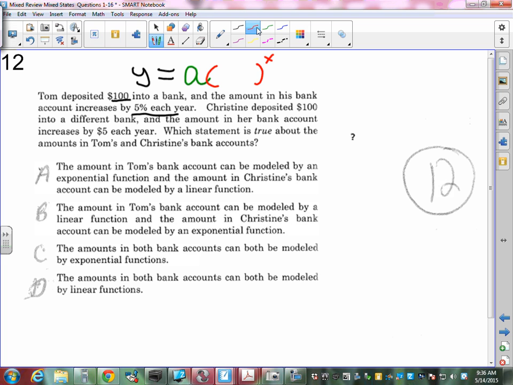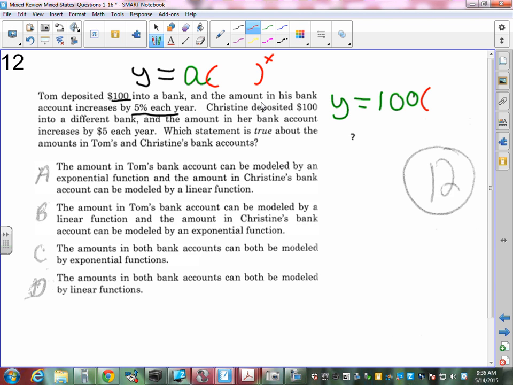So in this one, how much is he depositing? He's starting out with $100, and it's increasing by 5% each year. What's that as a decimal? Now, when he puts his money in the savings account, does he still get the money he put in there back?